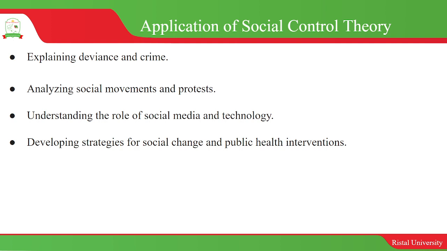So when we understand social control, it enables us to relate and correlate why we are having defiance and crimes. It also helps us to analyze social movements and protests, why people can gather with the motive of making sure that certain things don't happen, or making sure that certain things should happen. That's social movements and protests.